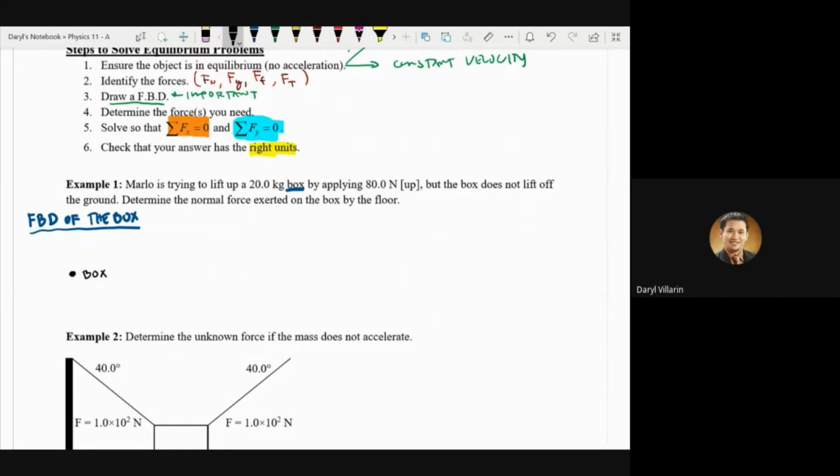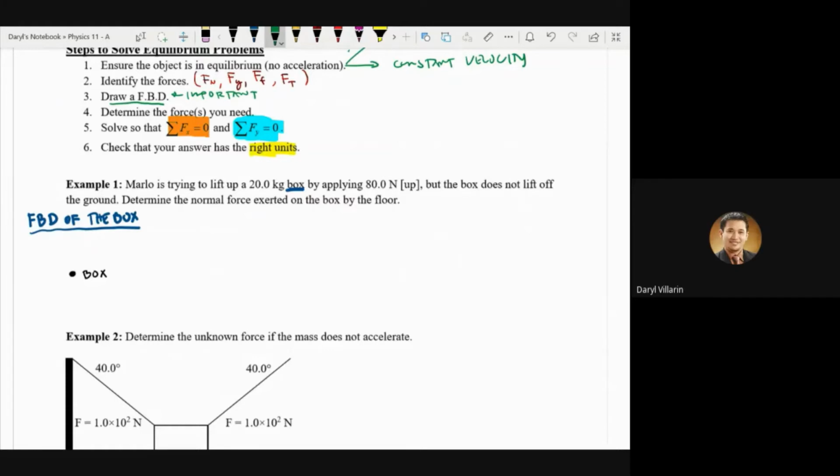Now, we look at the situation here. It is lying horizontally on the ground, but you're applying a force upward, okay? And the mass of the object is 20 kilograms. I mentioned last time that an object on the Earth's surface is always acted upon by the force of gravity.